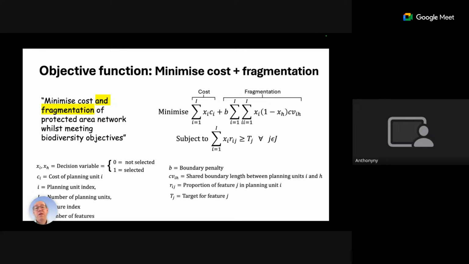And this is a penalty. So B is a boundary penalty that penalizes something very spread out, with a very high perimeter for the total network of protected areas. So we've got this penalty for fragmentation here, and we're trying to minimize that. So we'll tend to get more clumped solutions, but we've got to tune this algorithm a bit with different boundary penalty values, and that's still subject to the same constraints of meeting your biodiversity targets.